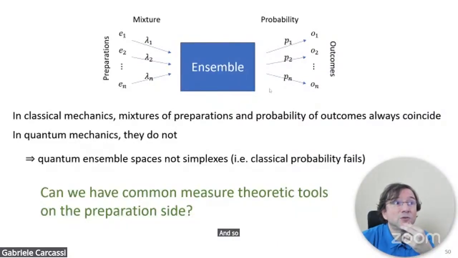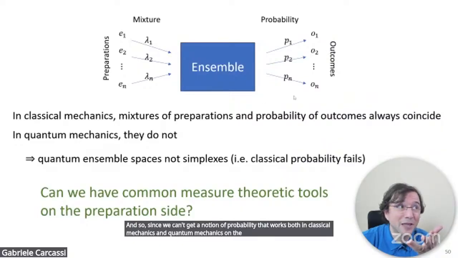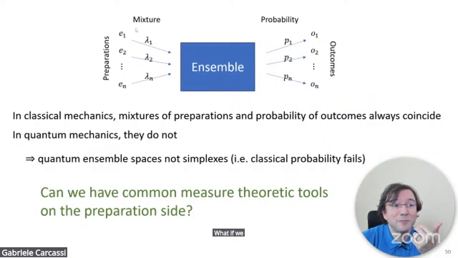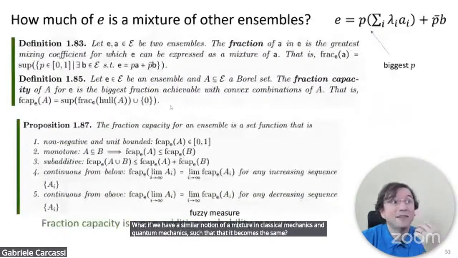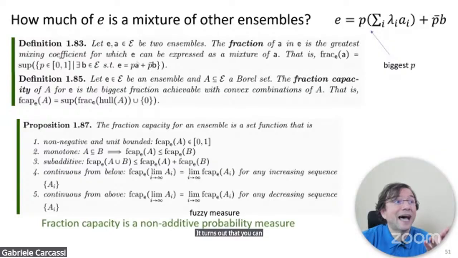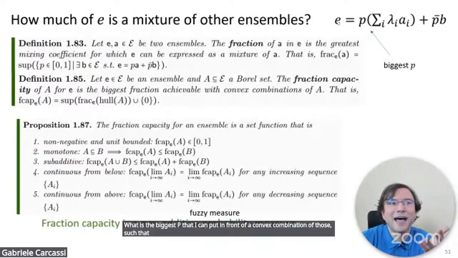Since we can't get a notion of probability on the outcomes that works in both classical and quantum mechanics, what if we have a similar notion of mixture in both, such that it becomes the same? It turns out that you can: given an ensemble, you can ask what is the biggest P that I can put in front of a convex combination of those such that I get my E?